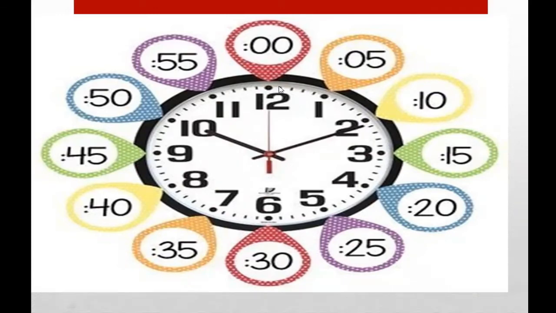You can check there are 5 small lines present between 12 and 1, 1 and 2. Between every two numbers there are 5 small lines. So there are 5 minutes between them. So 1 means 5 minutes, 2 means 10.